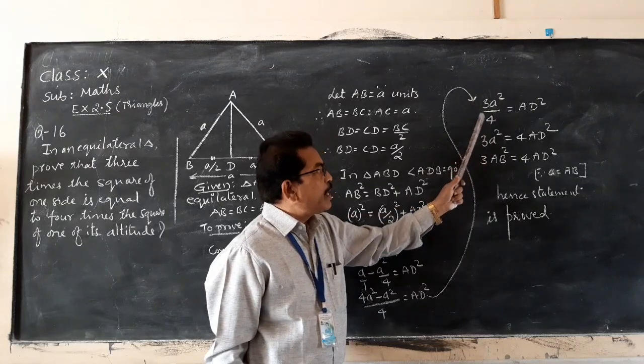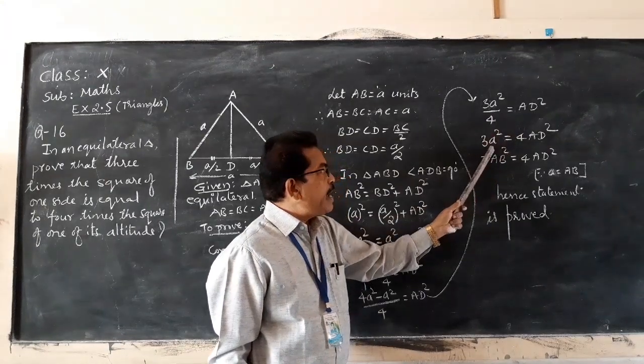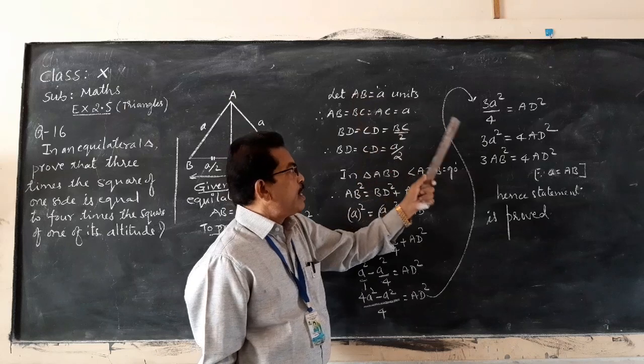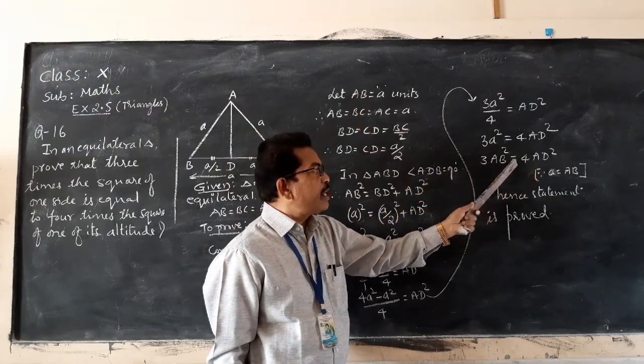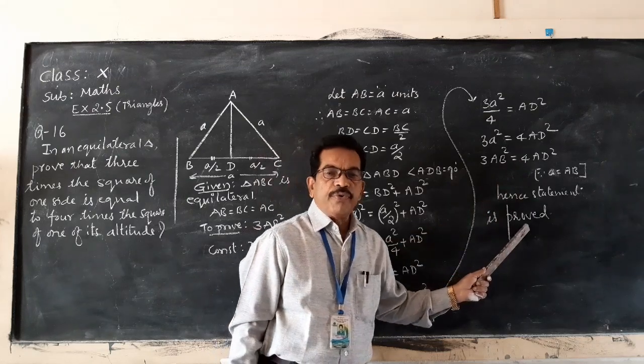Then cross multiplication, 3A square equals 4AD square. A is AB, so 3AB square equals 4AD square, which is the required result.